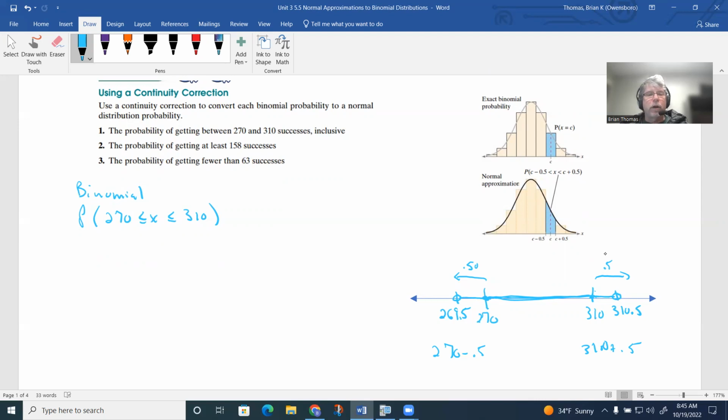So now my normal will be the probability of 269.5 is less than x, which is less than 310.5. So that would be the one that I could actually use the calculator on to find the actual probability under the curve, if you will.